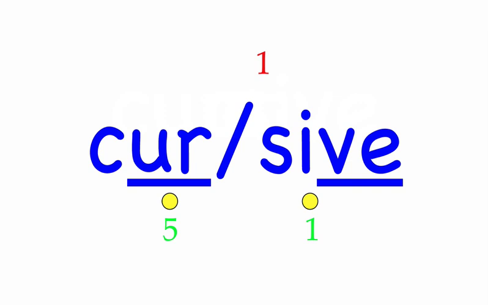Taxation. Taxation. No taxation without representation. Taxation. Tax has three sounds, T, A, X. A, one sound. Shan, three sounds, Sh, A, N. Taxation.